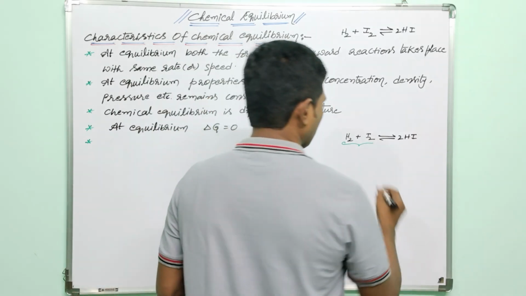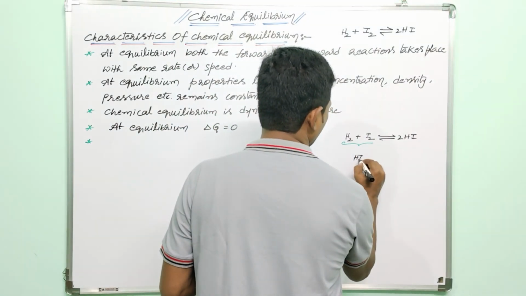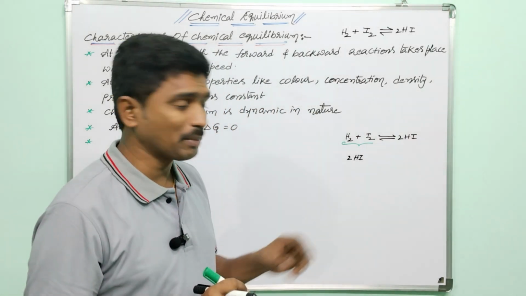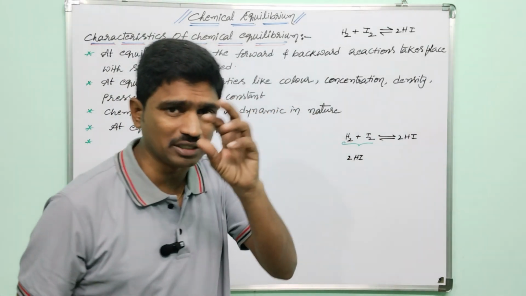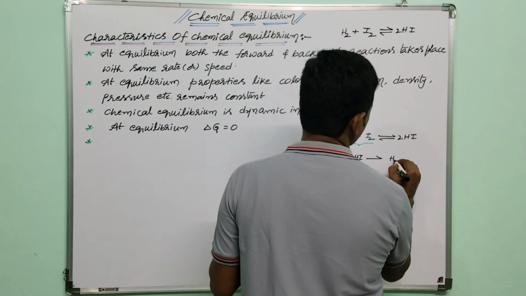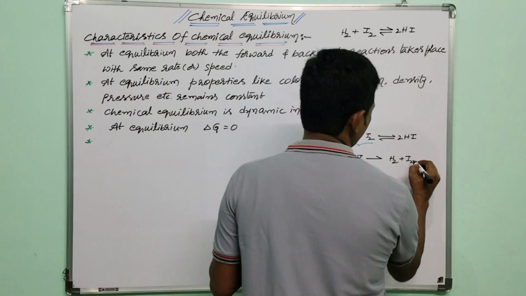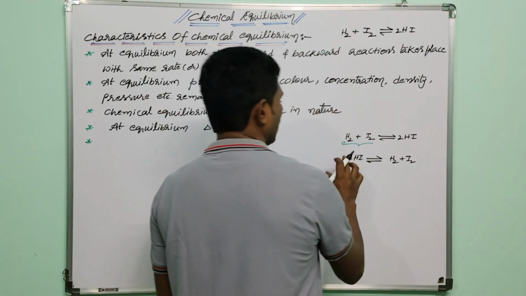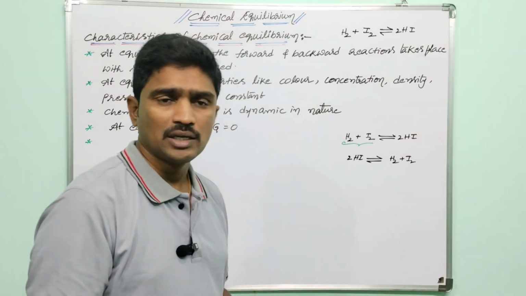Take another vessel having hydrogen iodide. Now you are starting the reaction from the products by taking hydrogen iodide as the starting material. It is unstable, so it dissociates to give hydrogen and iodine, which then again combine to give hydrogen iodide.